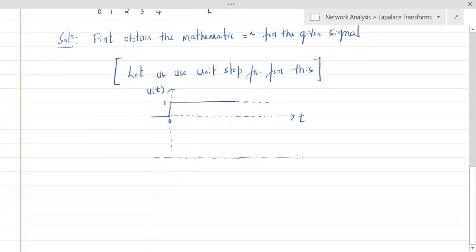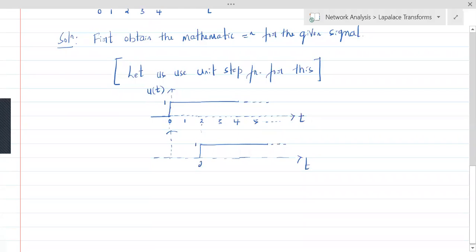Let's consider the time axis again. Suppose this is 0, 1, 2, 3, 4, 5. It just goes on and on. Here I'm looking at a unit step function which starts at 2 instead of 0. This is also 1.